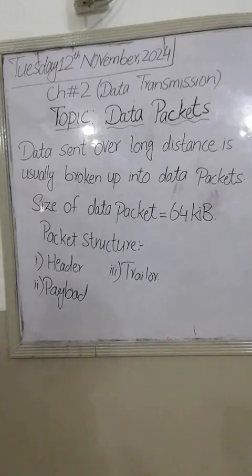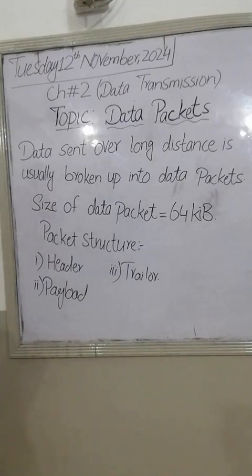The same is the case with data packets. You are sending the message or any type of file to your friend, so that file should have the IP address of the sender, that will be your IP address, and the receiver to whom you are sending that data packet or file, right?